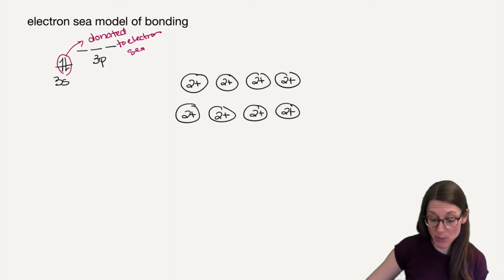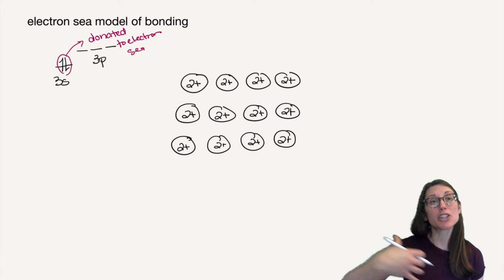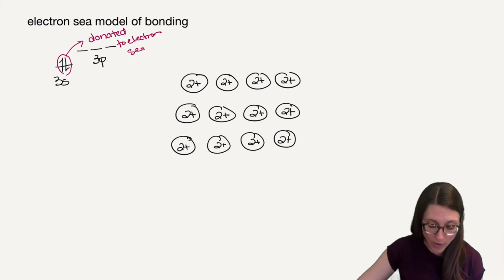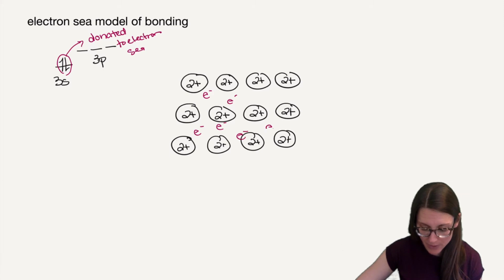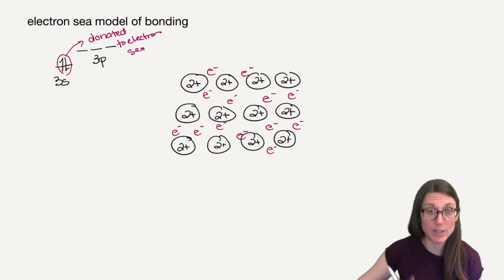Imagine that this is three-dimensional because I can't draw in three dimensions. All of the electrons from all of these different atoms are shared amongst all of the cations. They get involved in what's called delocalized or non-directional bonding, where all of these electrons are attracted to all of the nearby cations that are a result of the magnesium atoms donating these electrons to the electron sea.